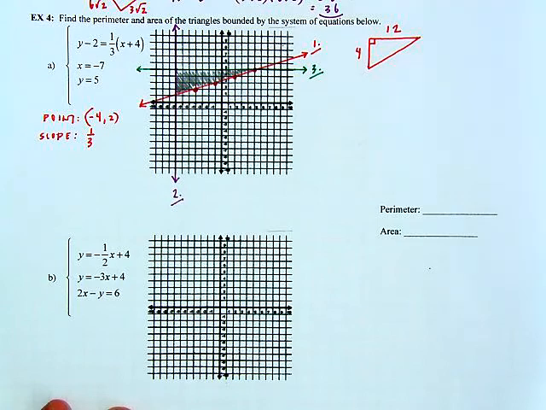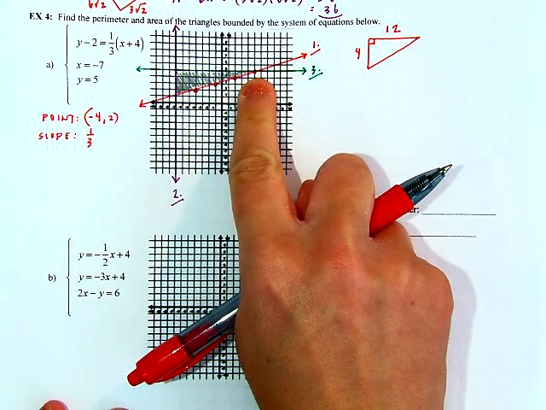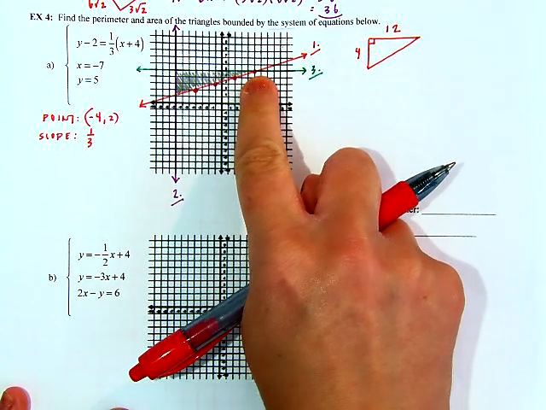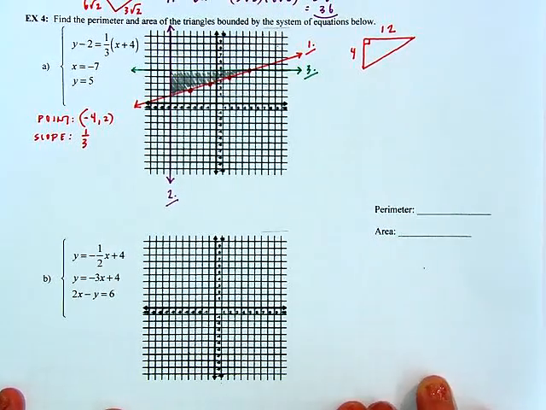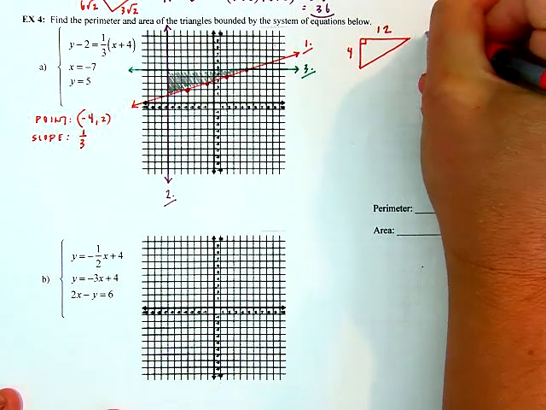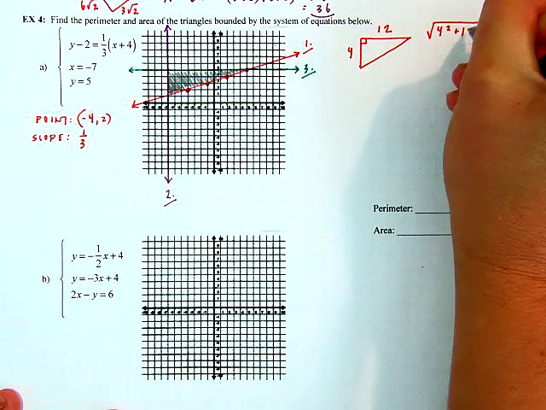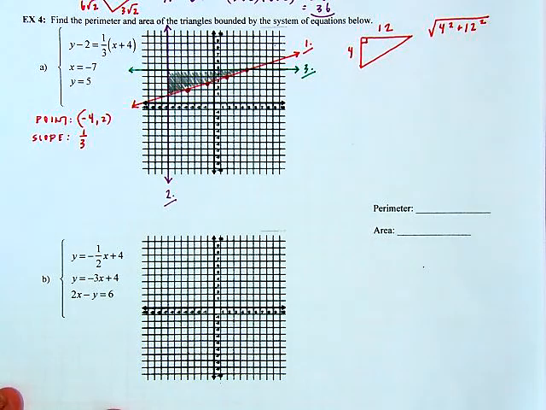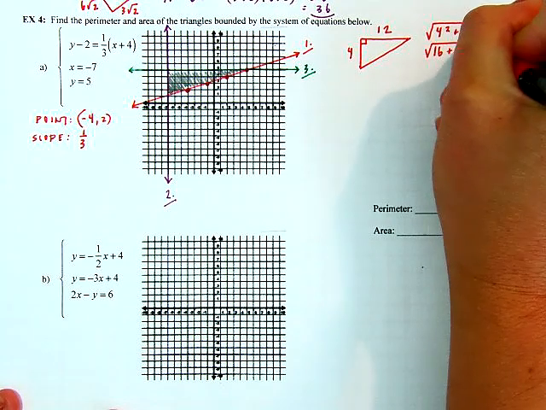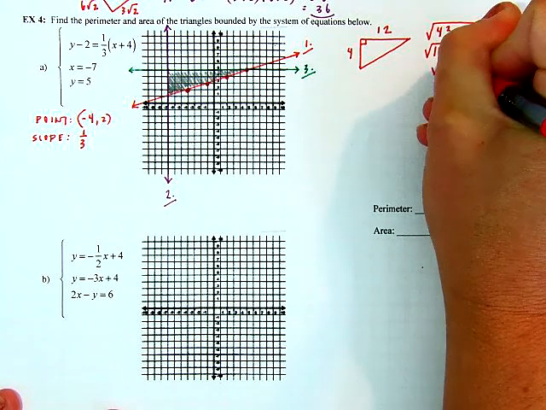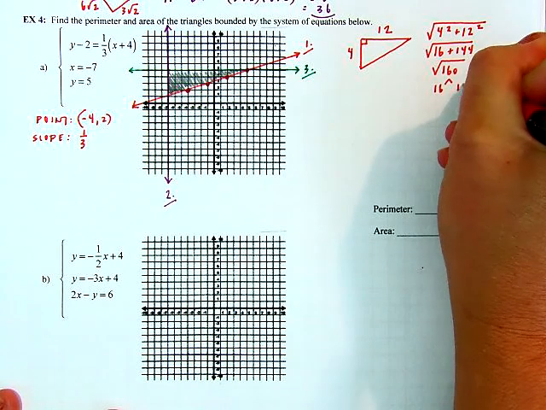If I want to solve for this last side right here, I can use the Pythagorean theorem. I'm finding the distance from this point to this point, so I could technically use the distance formula too, but I think this is easier. So big square root, a little shorthand, 4 squared plus 12 squared. So 16 and 144, which is 160. And I know that's 16 times 10.